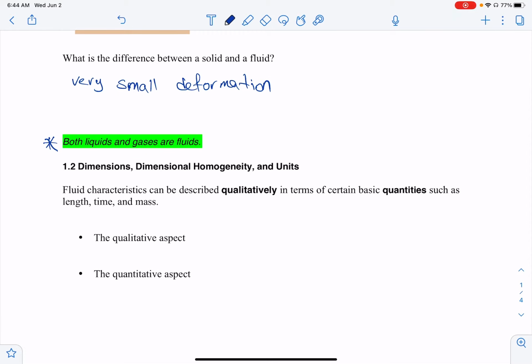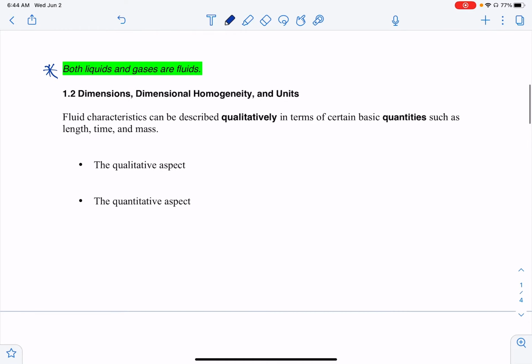So just remember that. Dimensions: when you are talking about describing some characteristic, you need to know the dimension. Because a fluid can be described qualitatively, we need some measurements or a certain basis to describe that quality by a quantity.